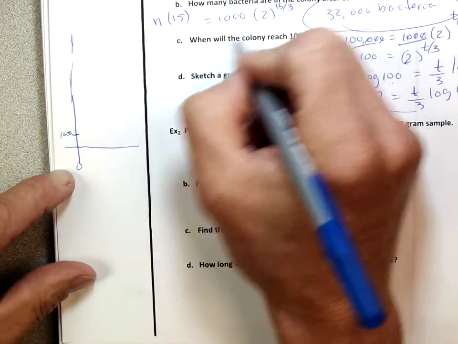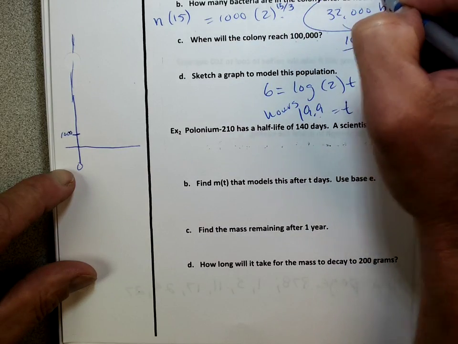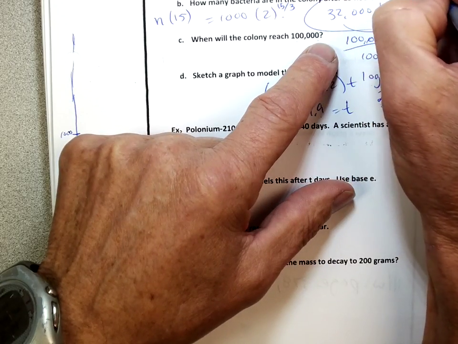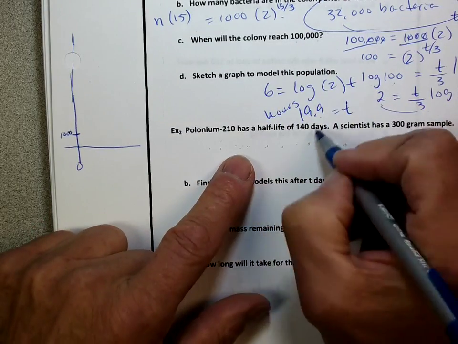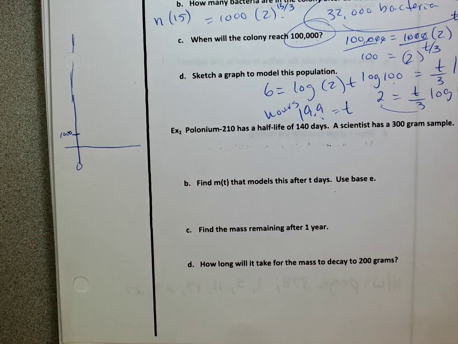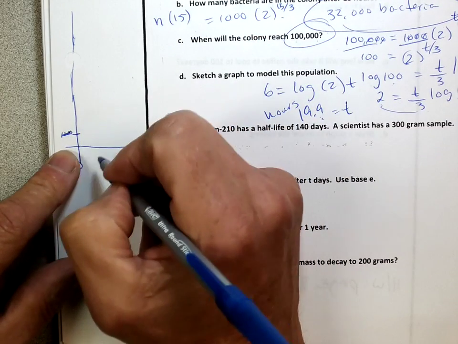Here we know that when t equals 5, we've got a population of 32,000, right? When t equals 19.9, we got a population of 100,000. So if this is 1,000, I got to go way up here, right? So let's make these scales so it gets all the way.